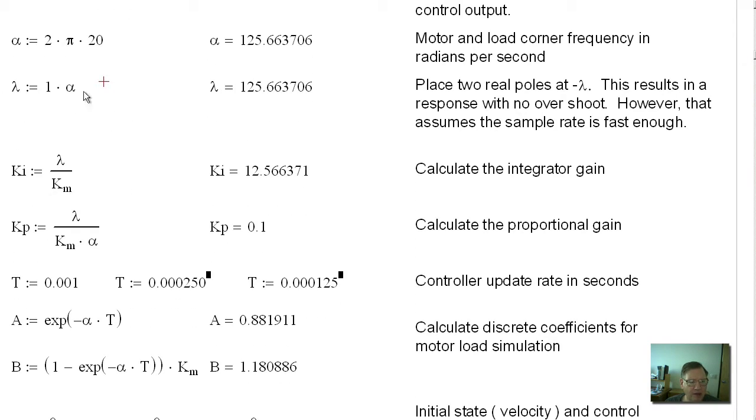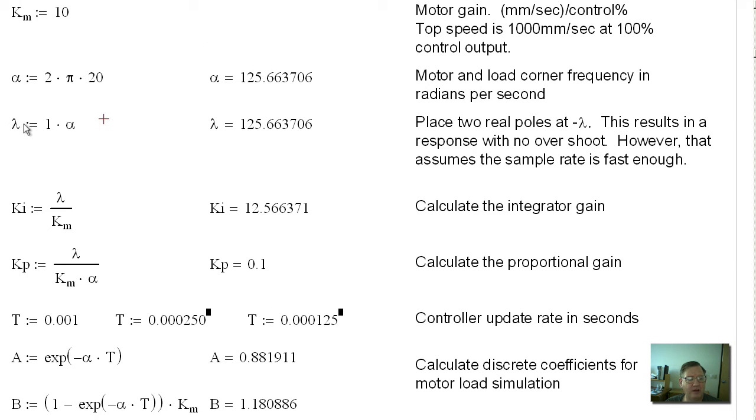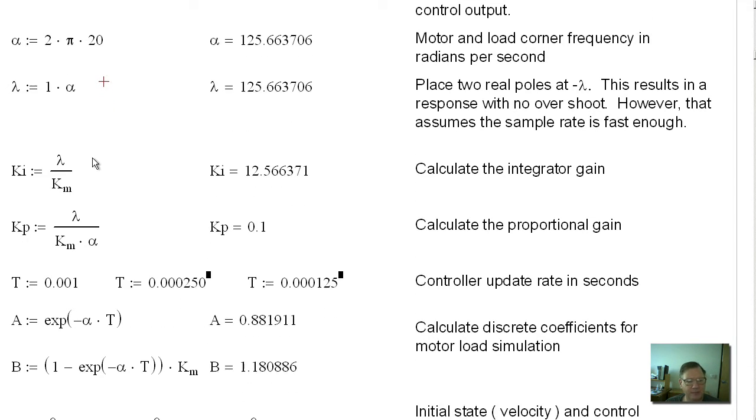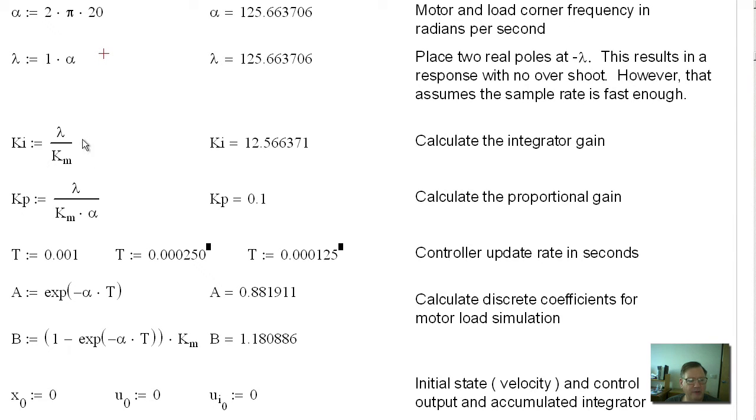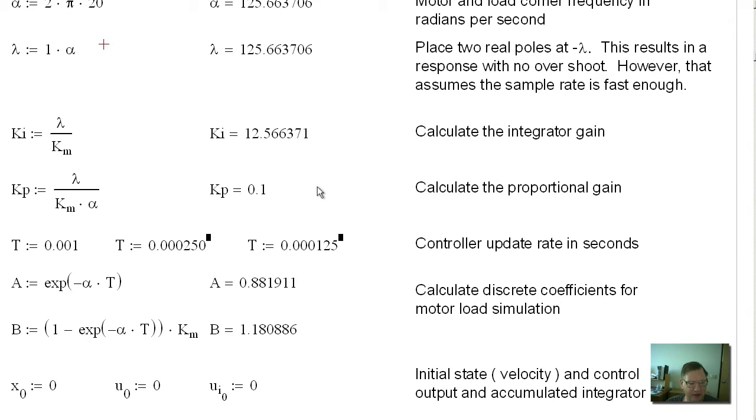And so this is a good place to start for gains, because I'm not pushing the system too hard when I set the closed loop pole to be the same as the open loop poles. Anyway, using the formulas from above, I can calculate the integrator gain and the proportional gain. And so I have these two values here, and that's what I'm going to use for now. I'm going to change the gains later.